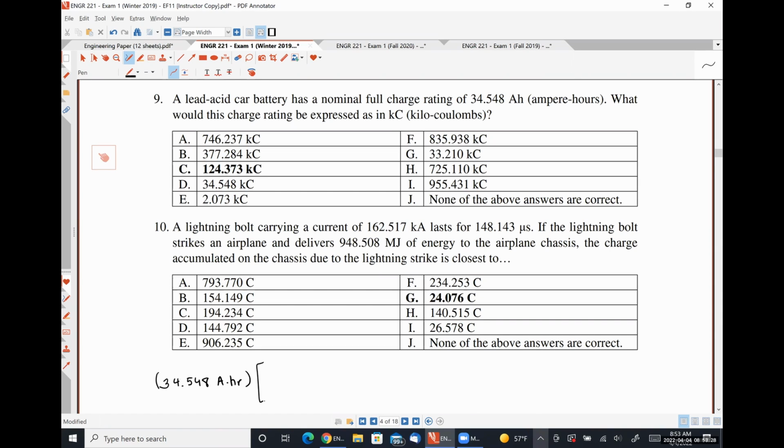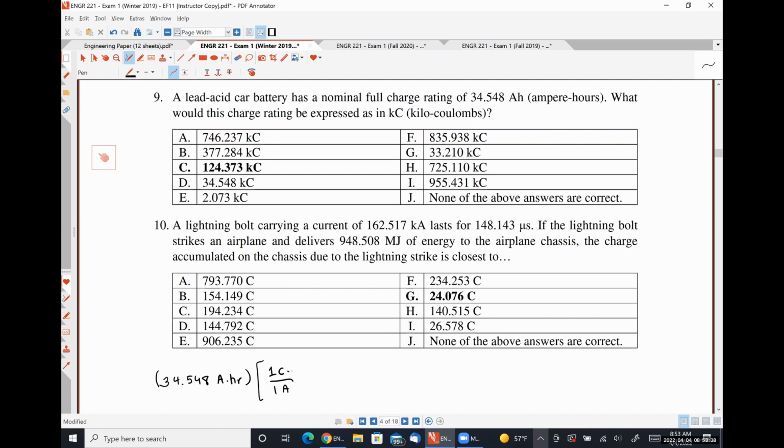So let's see. 1 ampere is 1 coulomb per second, right? And then 1 hour is 3,600 seconds. So let's see.